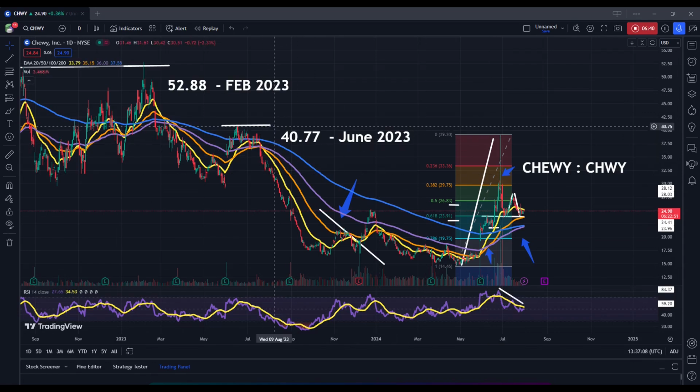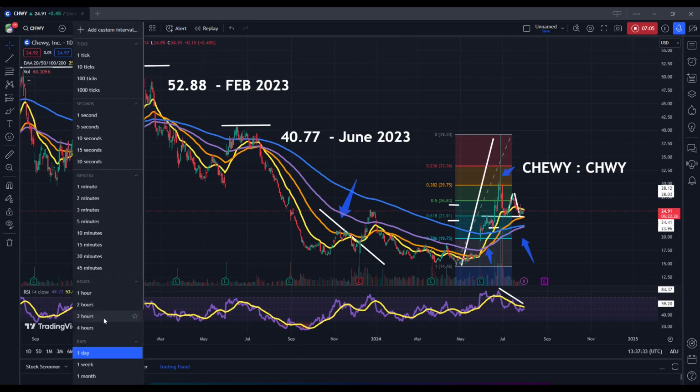I'm really viewing this level as more of a 4080 type level, which would be the highs from June 2023. Overall, we're still trading below this $25 mark. So as long as we're not seeing any major declines in the broader market, the stock does have a fair amount of upside potential here, even though we have seen some retracements more recently.